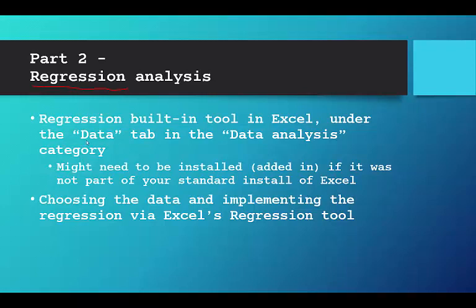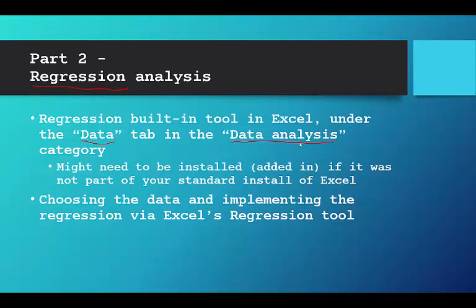Okay, so the first thing we have to do is make sure that you have this. It's already in mine, but underneath the data tab, there's a section or a menu called data analysis, and that is where you'll see things like histogram and ANOVA, some other things that you may have seen before.